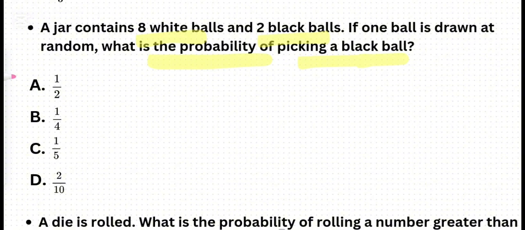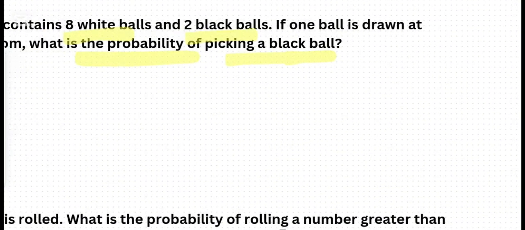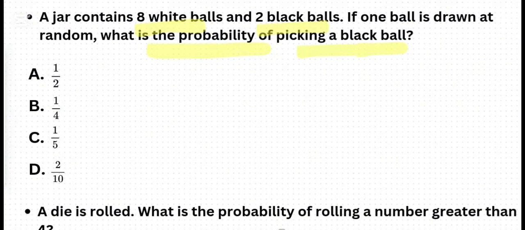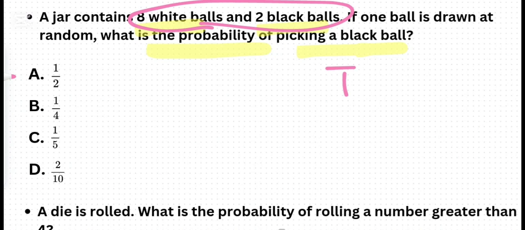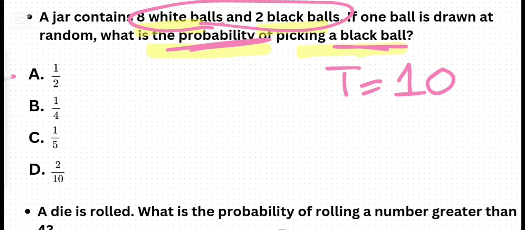So if you see the total balls, there are 8 white balls and 2 black balls. 8 plus 2 is equal to 10. So this is the total outcome, and they are asking what are the chances of picking a black ball. If you see in the question, there are 2 black balls, so F is equal to 2, right?